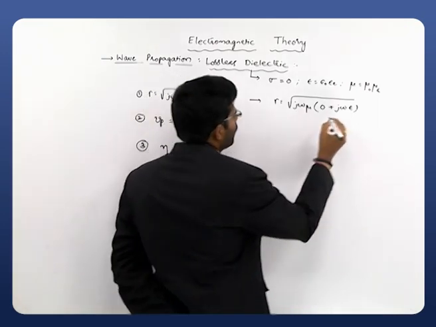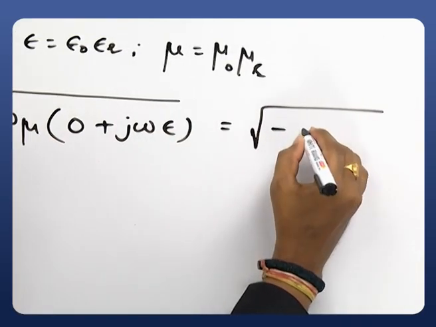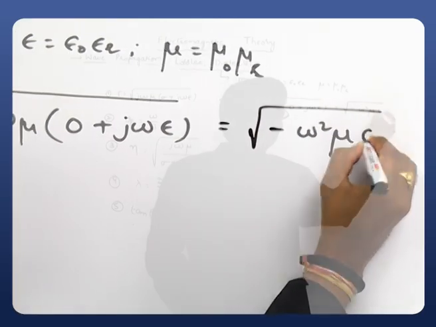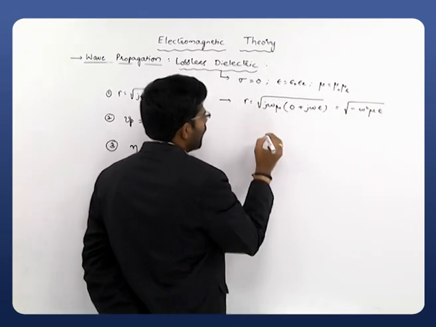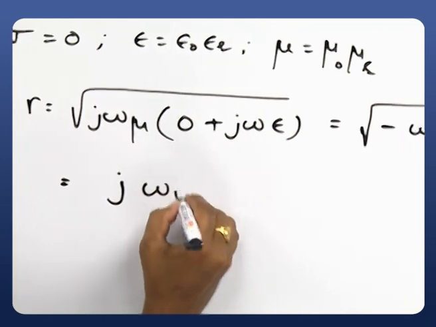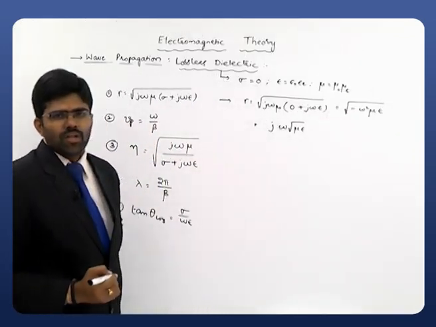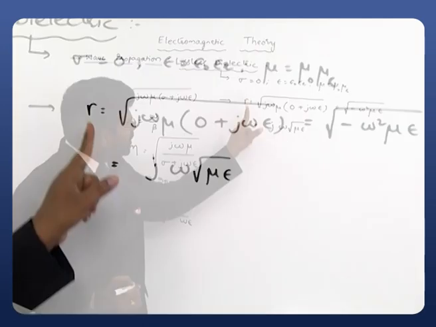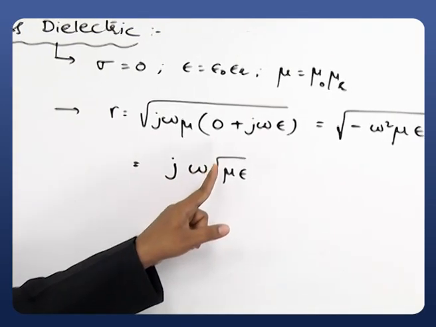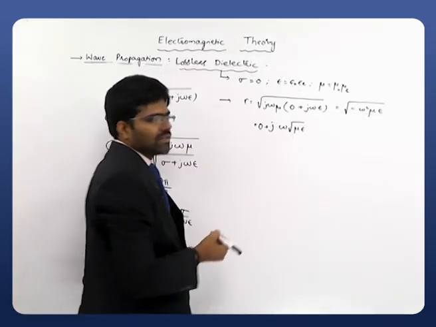Simply this equals the square root of j multiplied by j, which is minus omega square mu epsilon. The square root of minus omega square mu epsilon, with minus 1 as j, is j omega square root of mu epsilon. This is a simple solution. Now clearly observe, gamma is equal to j omega square root of mu epsilon. Here I can add a 0 plus, that is a real term.